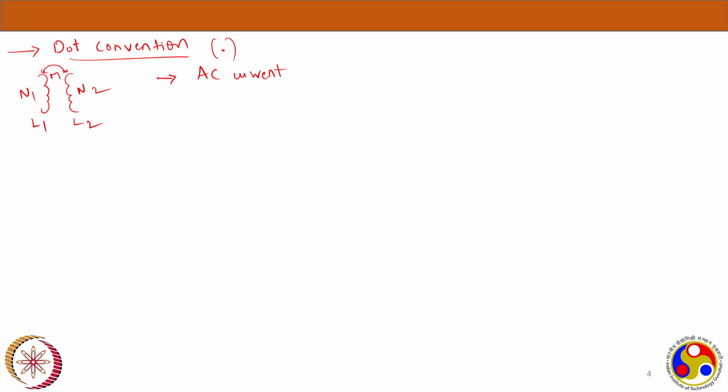Then only your induced voltage will appear across the terminals. In order to get that kind of time varying flux, you need to pass a time varying current. So to get that kind of current, you should have an alternating voltage as a supply.